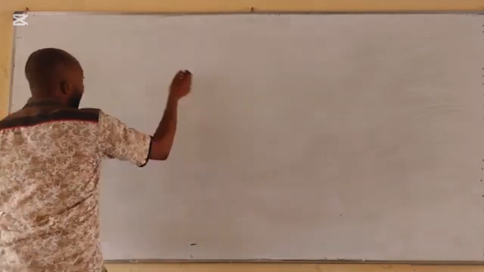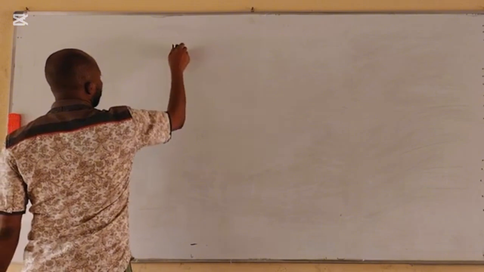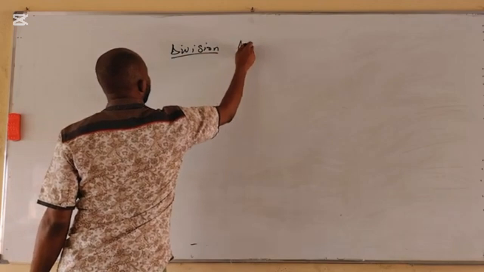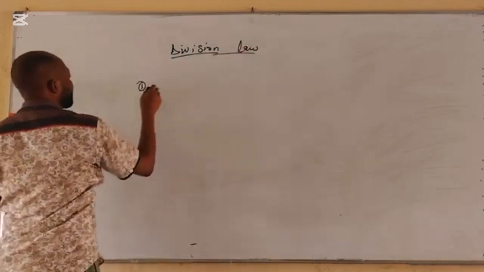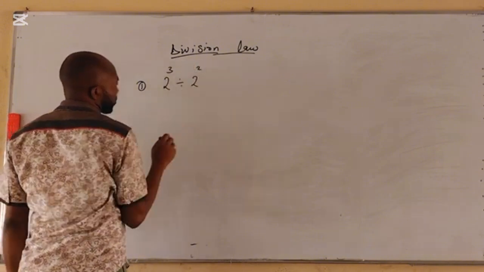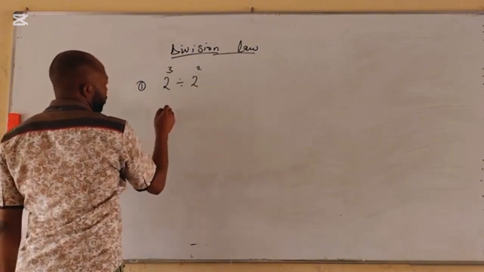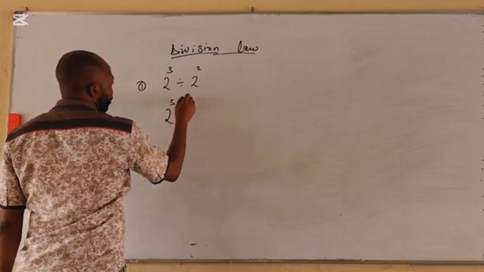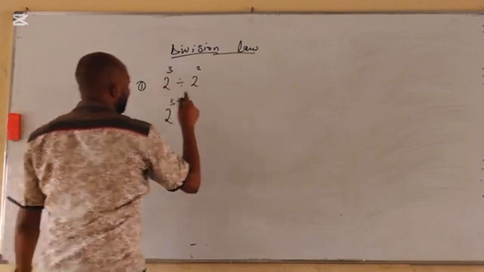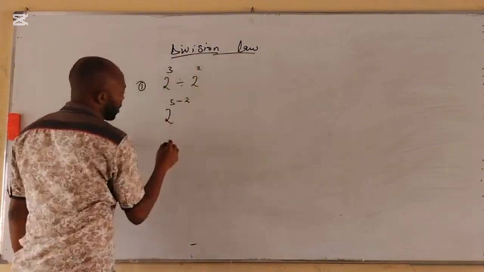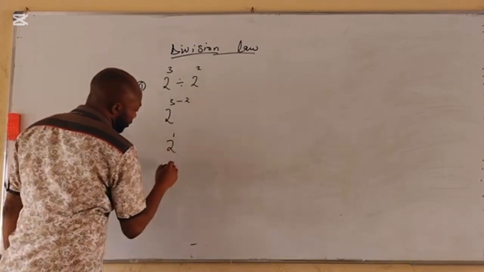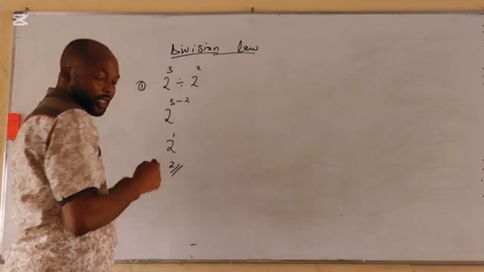So now, I have in the division law, number 1, 2 raised to the power 3 divided by 2 raised to the power 2. This becomes 2 raised to the power 3 minus 2. We subtract their powers. So this is 2 raised to the power 3 minus 2 is 1. 2 raised to the power 1 is 2. So this is our answer.